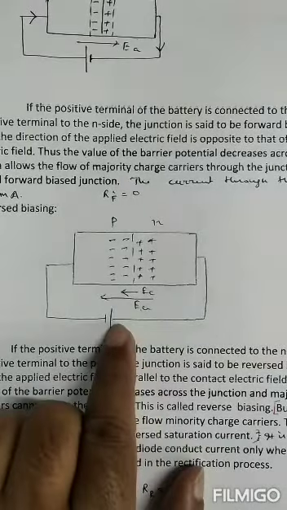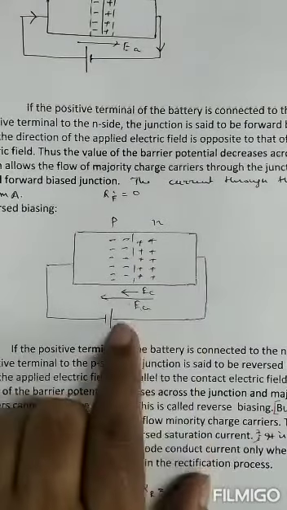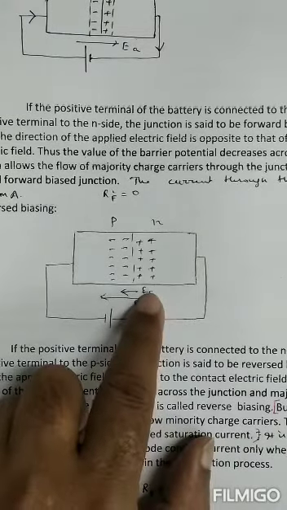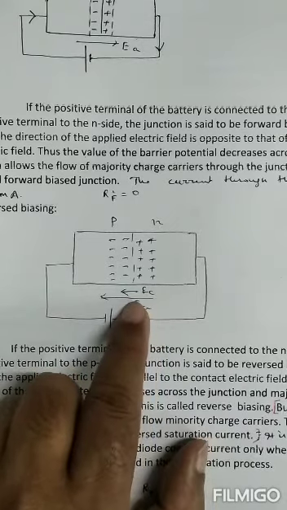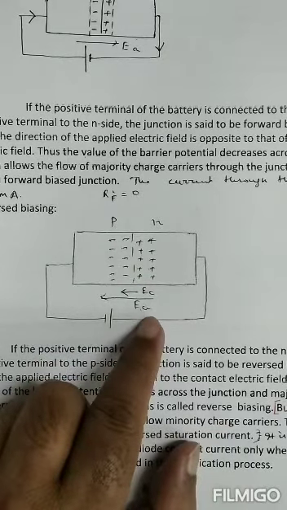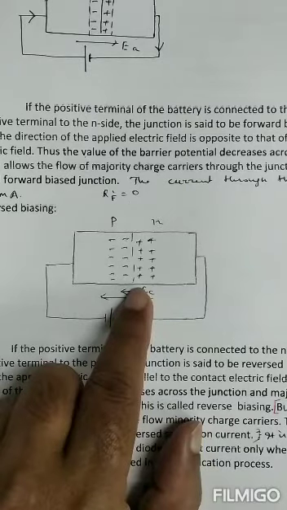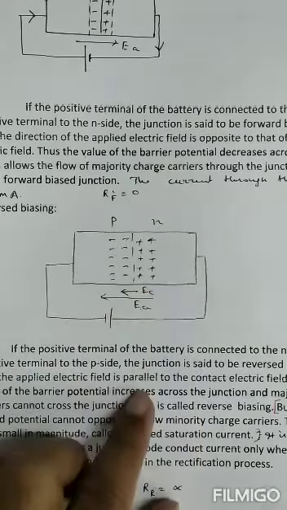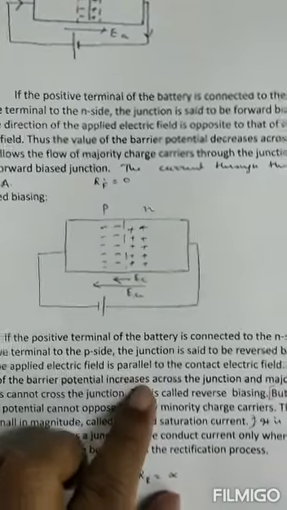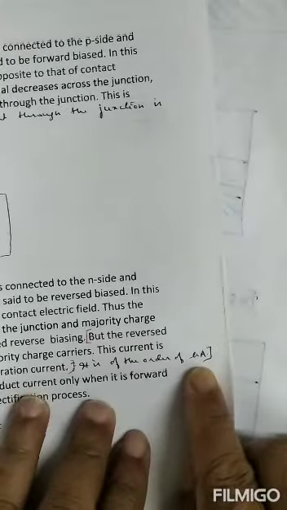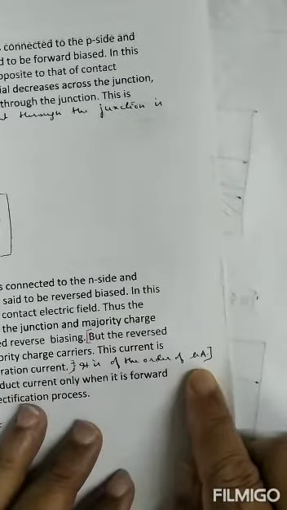But if the positive terminal of the battery is connected to N side and negative terminal to the P side, applied electric field and contact electric field are parallel to each other, which opposes the further flow of majority charge carriers through the junction. But this contact electric field does not resist the flow of minority charge carriers, and hence a very low current of the order of microampere flows through the junction under reverse bias condition.